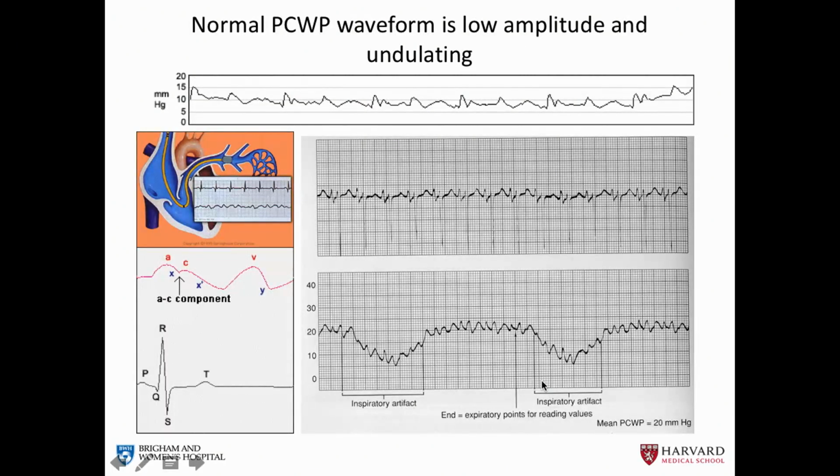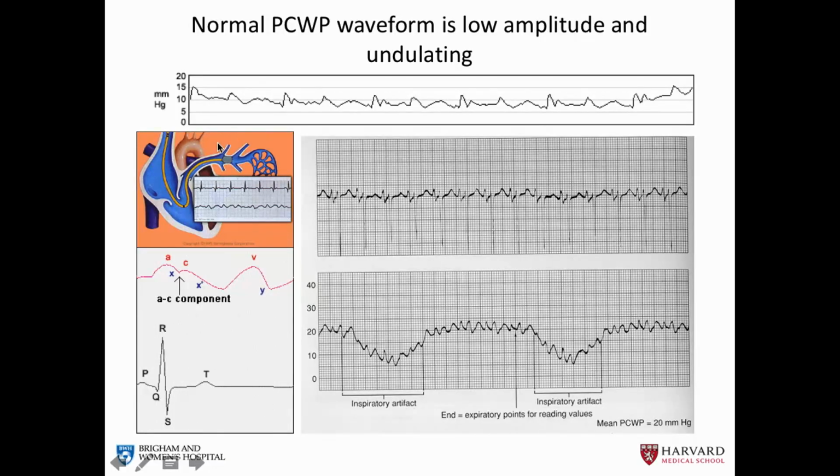Now, if we think about the pulmonary capillary waveform, this is very similar to the central venous pressure waveform. In fact, it should look pretty much the same. It's now reflective of a little more delay in time and sometimes a little more impact of respiratory variability because of how we're measuring it.